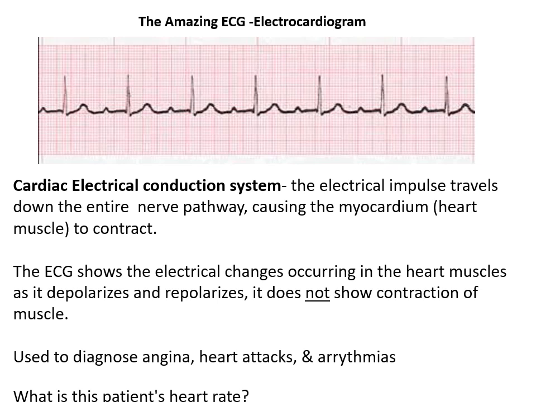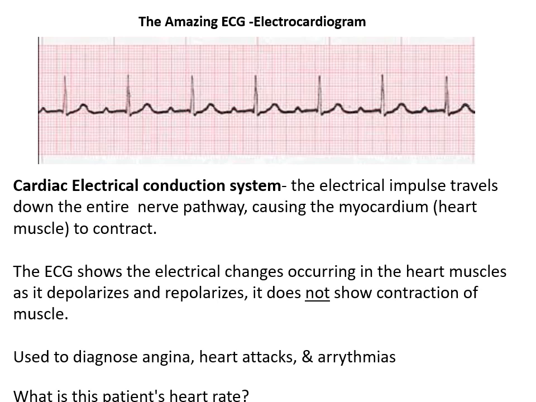The QRS, which is the large deflection, is the ventricular depolarization, followed by a T wave, which is the ventricular repolarization. And the whole rhythm repeats itself over and over again, so that the heart beats over and over again and regularly. So there's a P wave followed by a QRS followed by a T wave repetitively. Okay, and that's the rhythm that the vast majority of us that are younger are in.